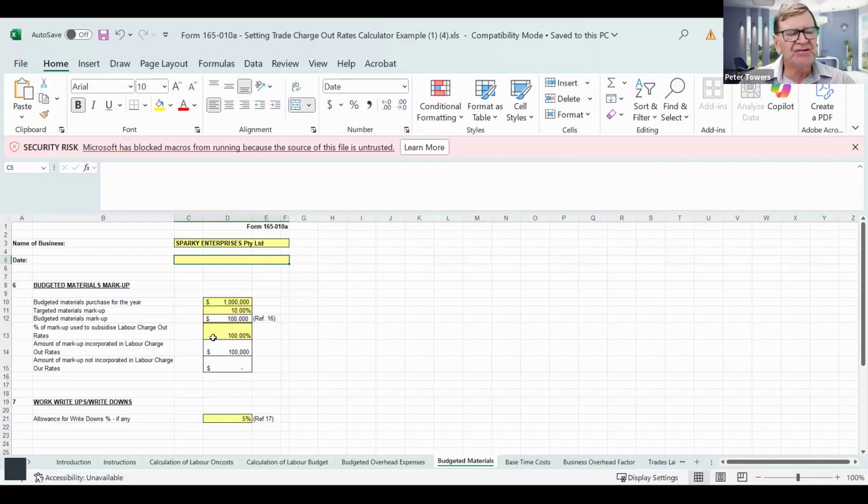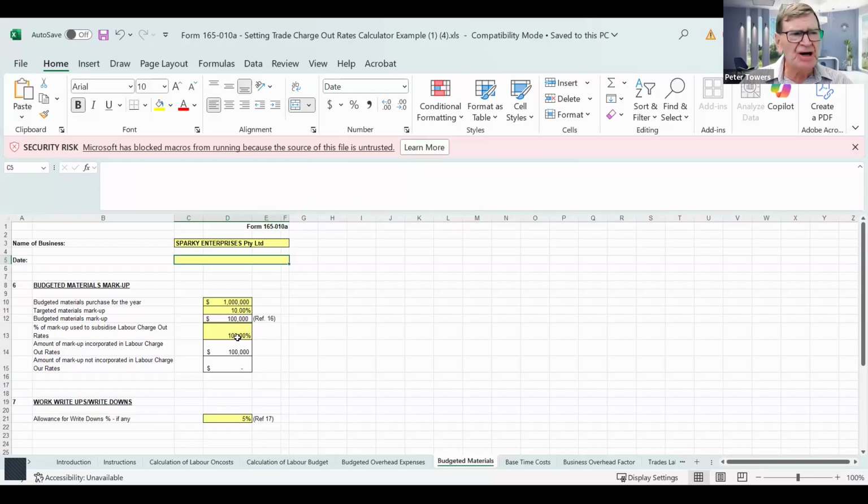But we then pose the question, what's going to happen with that $100,000? Is it going to be a retainable profit that's stickable in the business, or is it going to be used to subsidise or partly subsidise the labour charge out calculations? Now, we've shown it all being utilised to subsidise labour here in the labour charge out rates, so it's incorporated in there, but we could have changed that and made that 50-50 or made it naught, and the profit then would have been stickable.